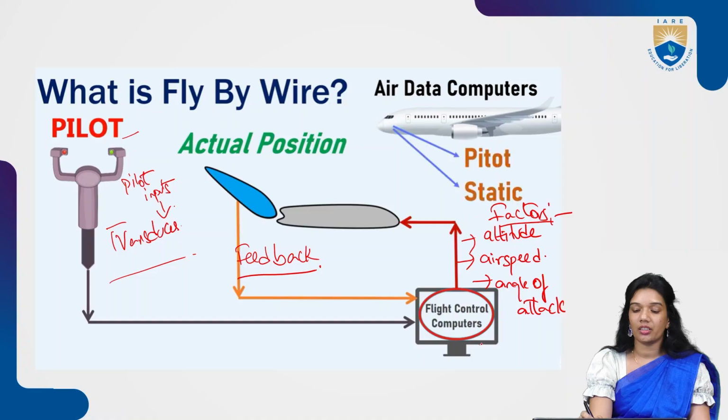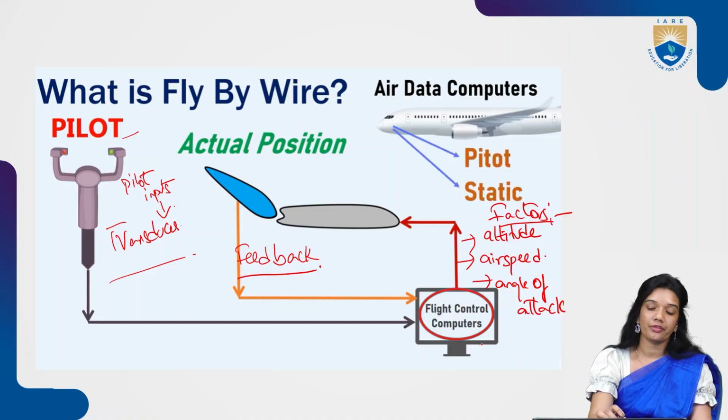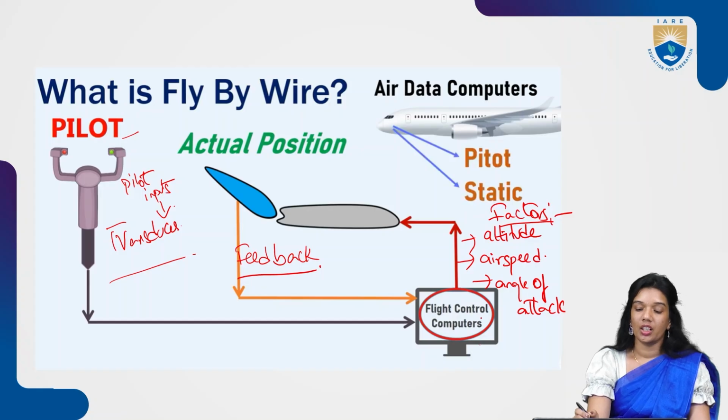Now, what the flight control computers do is compare and check whether it is right or wrong, so that proper safety, proper operation and high performance are being maintained. Through the feedback, the flight control computers check. How do they check?